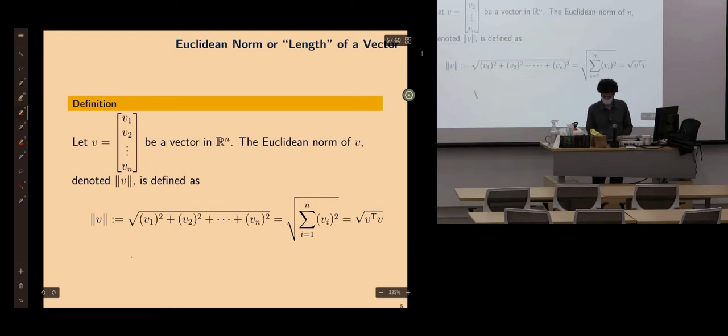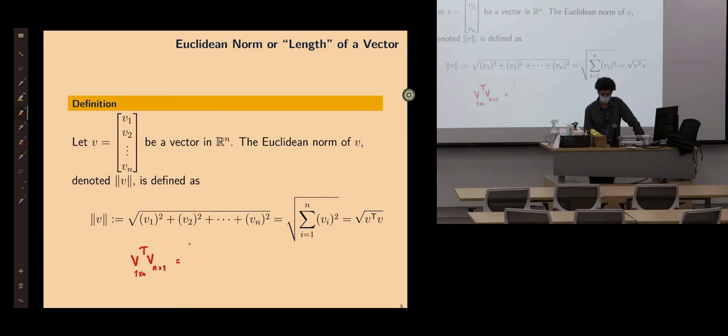Now another way to think about it is to consider V transpose V. V is a vector, it's n by 1, so its transpose is 1 by n. So this will give you a scalar. What does it look like?